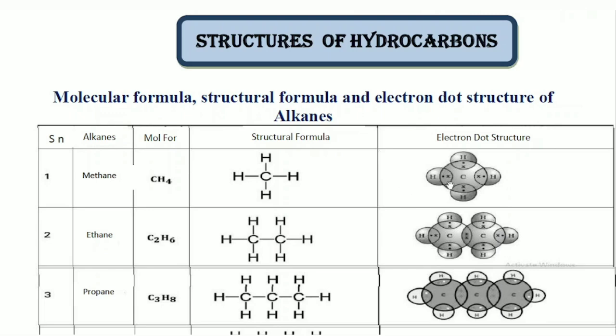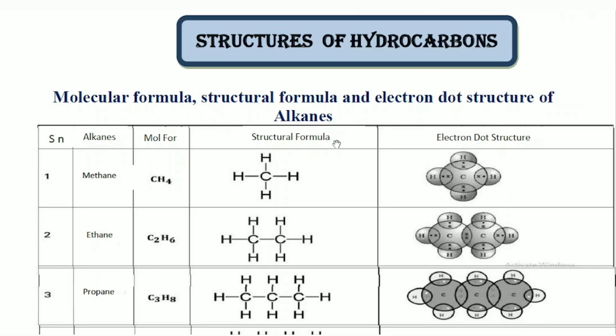Before starting alkane, alkene, alkynes, you should know the general formula. If you don't know anything, at least you should know the general formula, because if you know the general formula, you can substitute how many carbon atoms and hydrogen atoms are there, and easily find out which type of hydrocarbon it is.